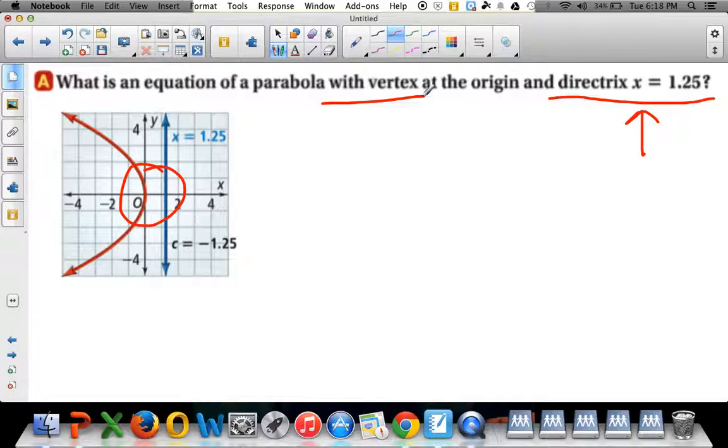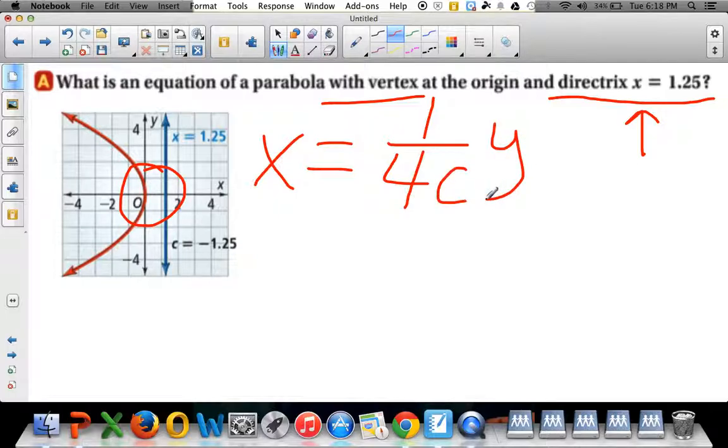So I know that I'm going to use the equation x equals 1/4c times y squared. I know that my focus is going to be the opposite of this point right here that is inside my directrix.